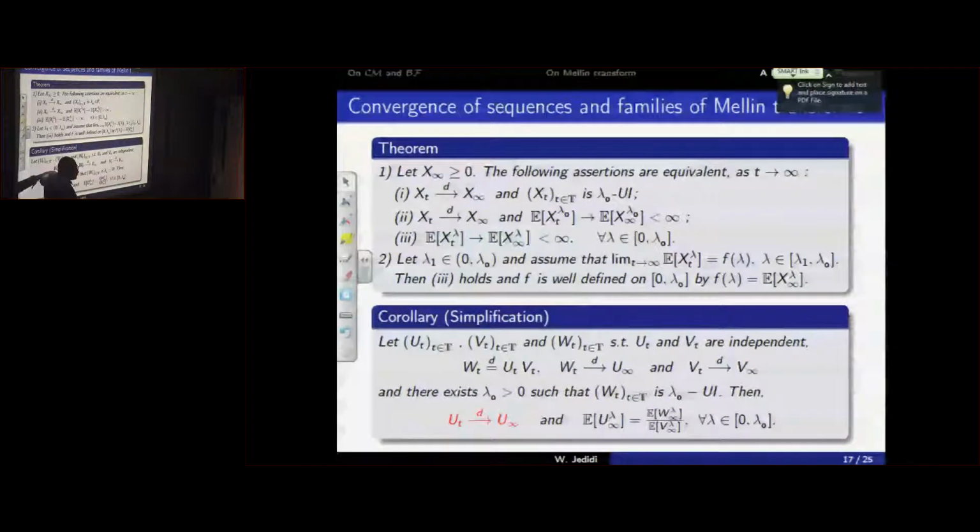When you handle random variables, it's not that simple; limit over limit doesn't make sense. You understand the difference between random variables and real sequences. If W_T converges and V_T converges, then necessarily U_T converges, but in the sense of distribution.